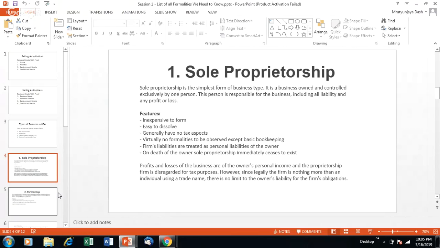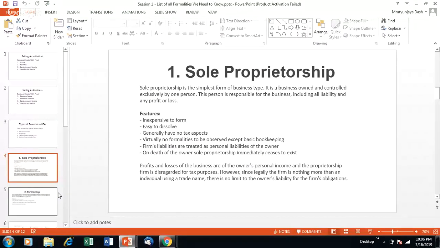When I say formalities, that is the government legal formalities. Every country has its own corporate law, so from the US perspective, a sole proprietorship is easy to dissolve.